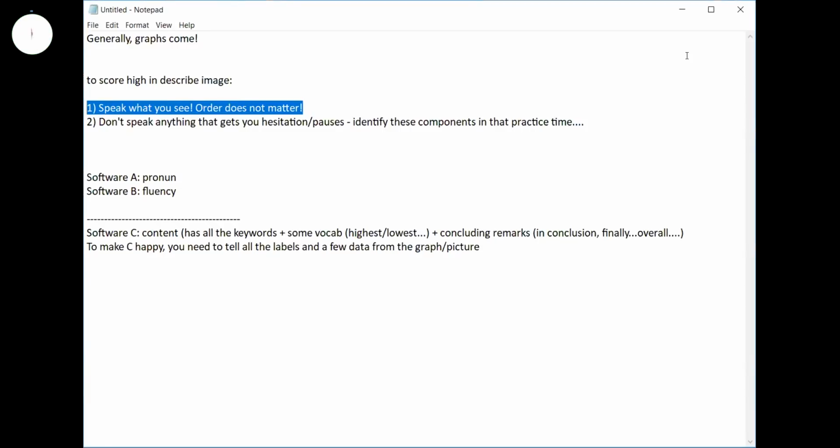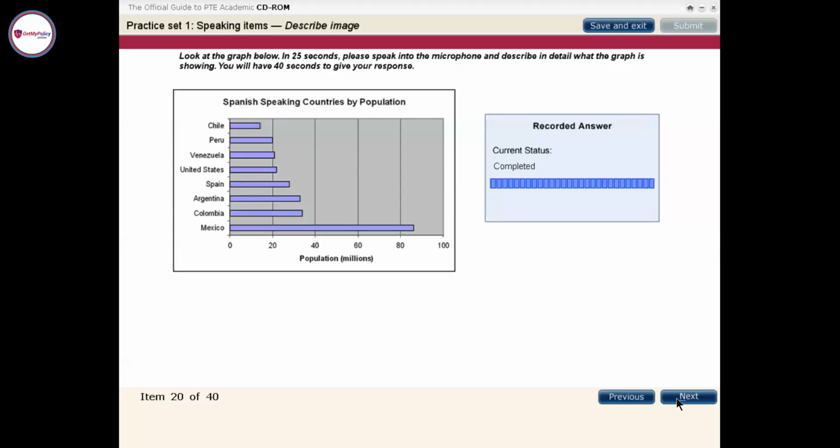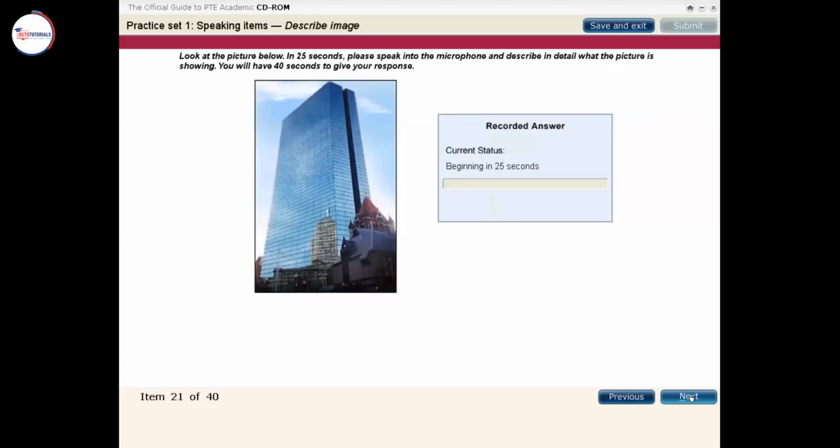So what happens is, sometimes they give you some vague thing. Somebody told me about describing a map. I'll get into that. But it can be anything. But here my technique comes into place. Speak what you see. Order does not matter.